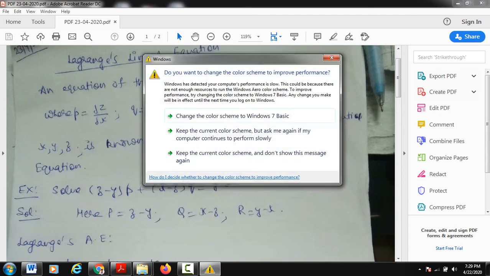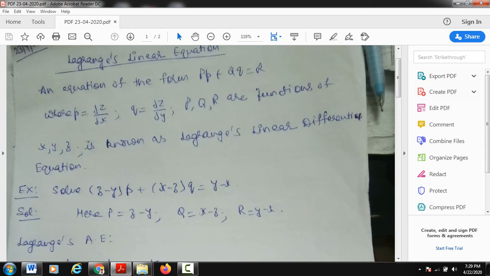As we learned the auxiliary equations in the case of Charpit's method, in the same way you have to remember the auxiliary equations for Lagrange's method. So in this case, the auxiliary equations are dx over P is equal to dy over Q is equal to dz over R.